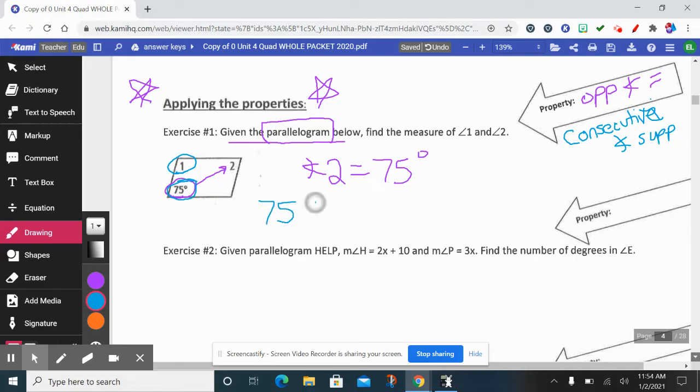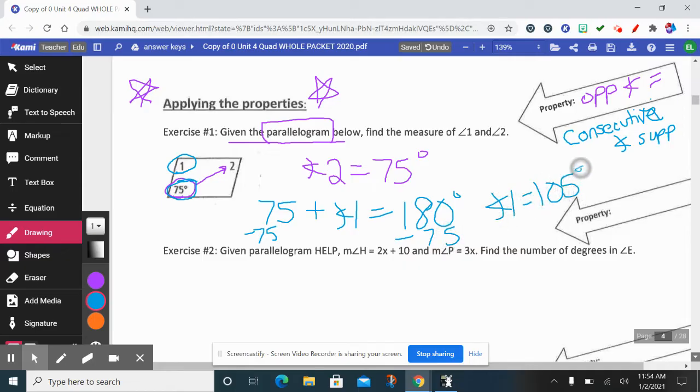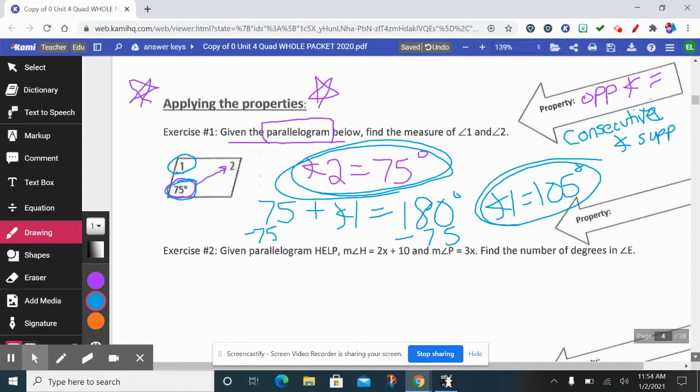So 75 plus angle 1 equals 180 degrees. So when we subtract that 75 over, angle 1 is 105 degrees. So now we found the measure of both angles using 2 different rules. Opposite angles are equal and consecutive angles add to 180.